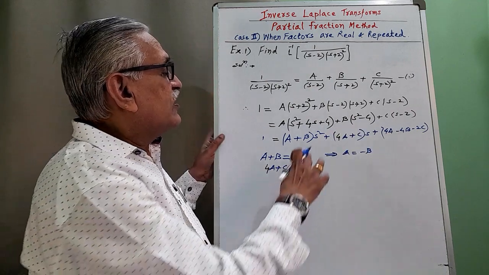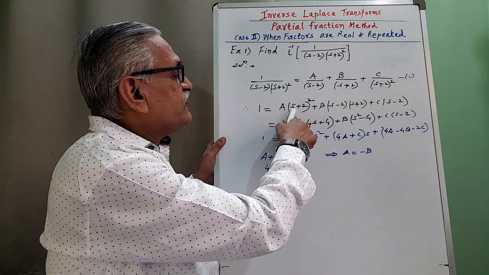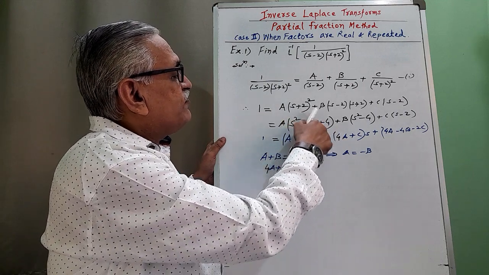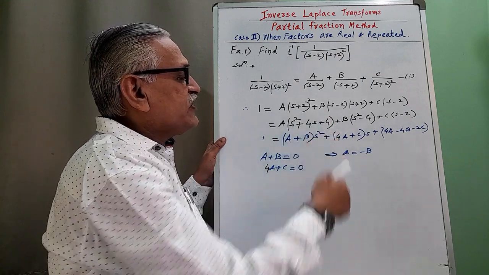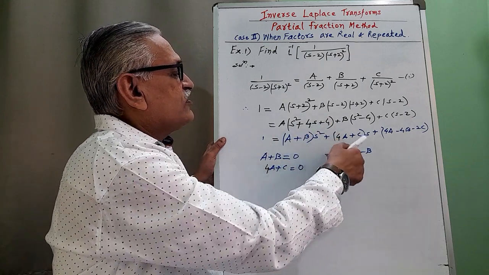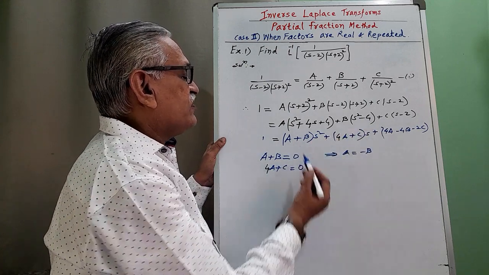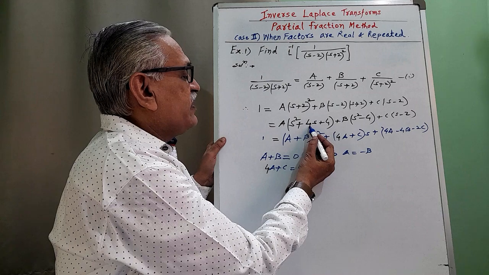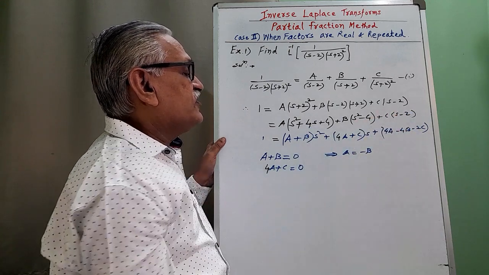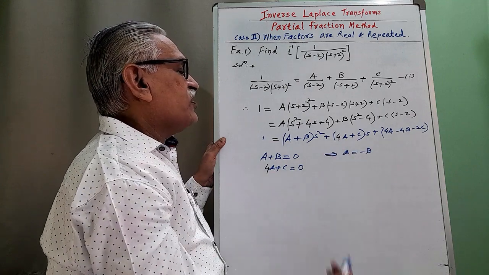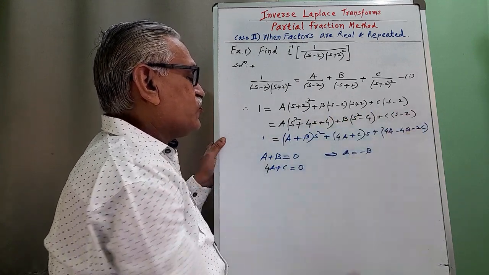Then second, when we square it, it becomes s square, twice ab means 4s, and plus b square means 4. Therefore, when we collect the terms of s, we have remaining terms as 4A, and here it is C. And then constant terms are 4A minus 4B and minus 2C.